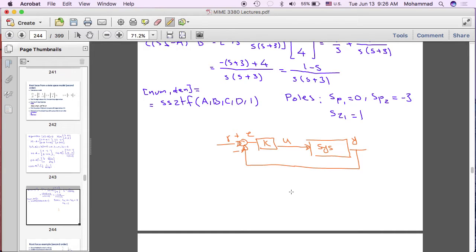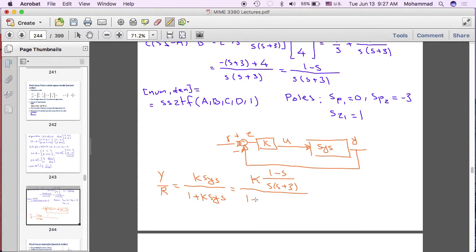So the question is, where are the two poles of the closed loop system now located? The first thing to do is, in the transfer function domain, find y over r. As you know, it is going to be k times the transfer function of the system, over 1 plus k times the transfer function of the system. The transfer function is, as we have found, 1 minus s over s times s plus 3.